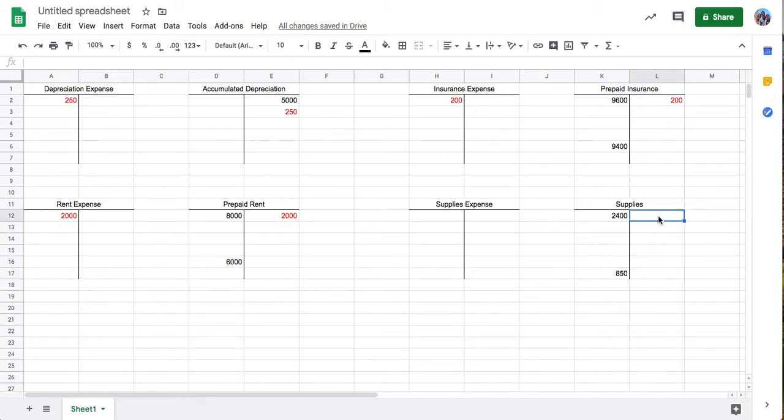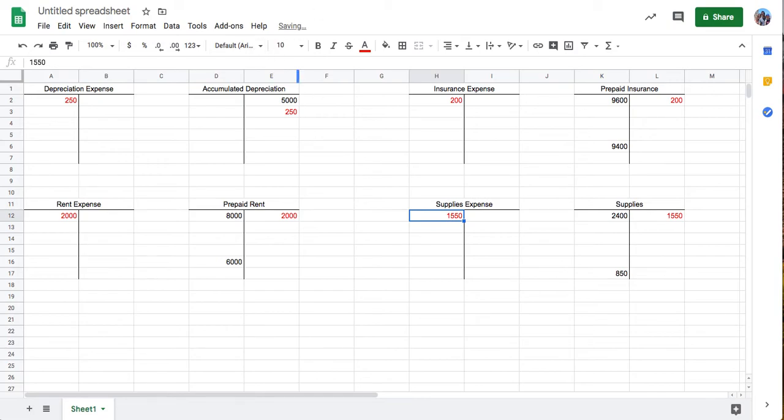So the adjustment is $2,400 minus what is left over, and we have used $1,550 worth of supplies for the month. That means our expense for the month is $1,550.